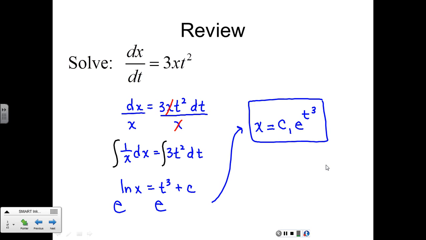Now, since my problem doesn't have an initial value, a point, then I can leave the c1 in there. If I had an initial value, then I should not have a c in my answer, correct? Right? If you have an initial value or a boundary value, you should be able to get that out of the equation.